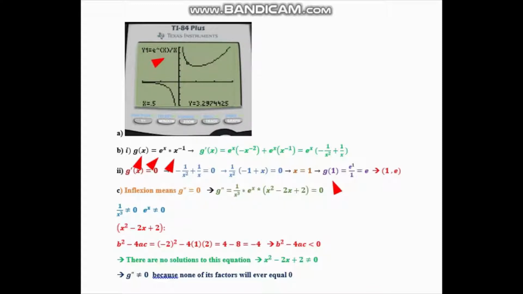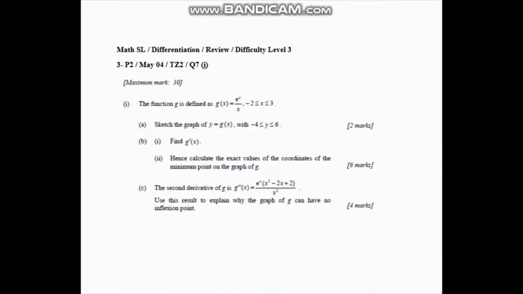So g of 1 equals e, hence the point is 1, e. This is the minimum point. You are given in question C that the second derivative of g is g double dash of x given by this formula, and we want to explain why the graph of g can have no inflection point.